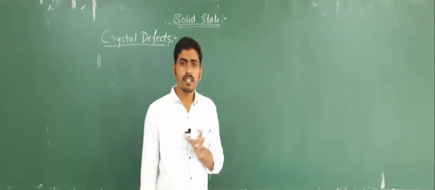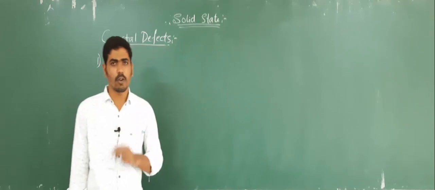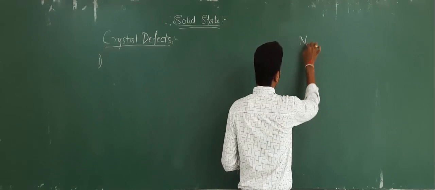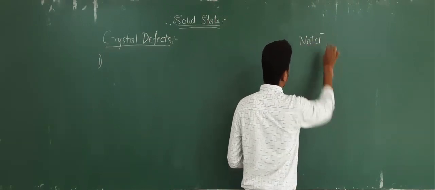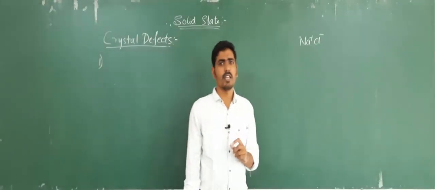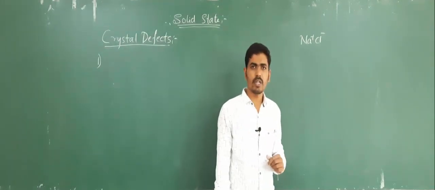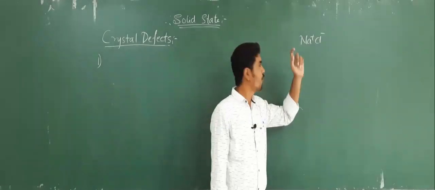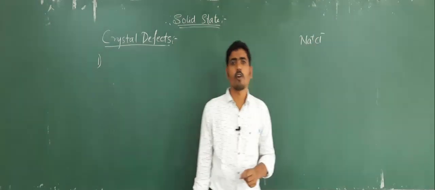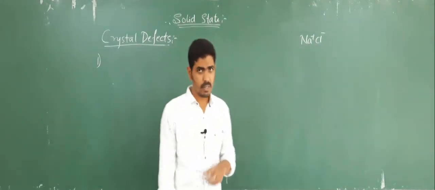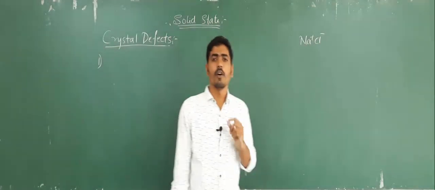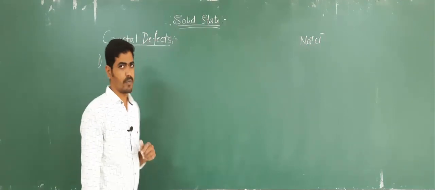Means the net charge on the crystal should be 0. For example Na plus and Cl minus, that is NaCl crystal. In order to maintain electrical neutrality, if one Na plus is there in the crystal, then there should be one Cl minus. Means equal number of cations and anions will be present in that crystal.